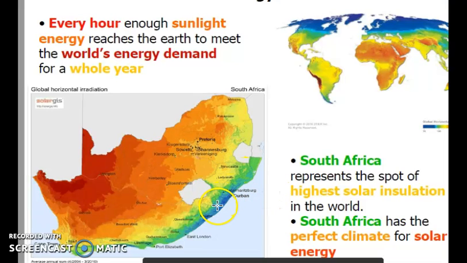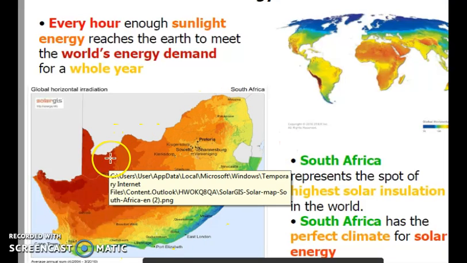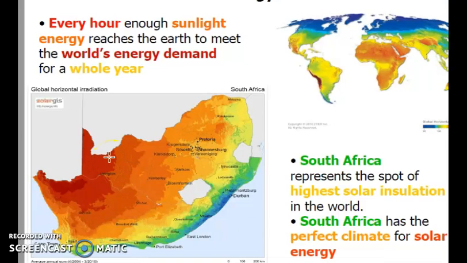A small part of it is covered with water bodies, whereas the maximum part is covered with solar energy. So it can be seen through these images that the solar energy that reaches the earth is sufficient to meet the world energy demand for a whole year.